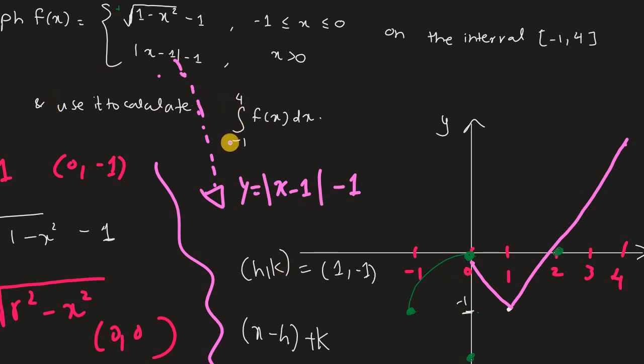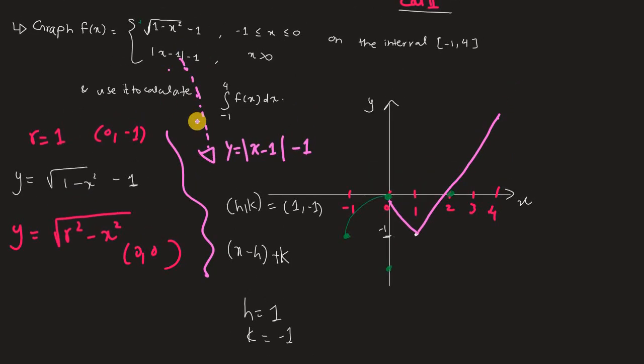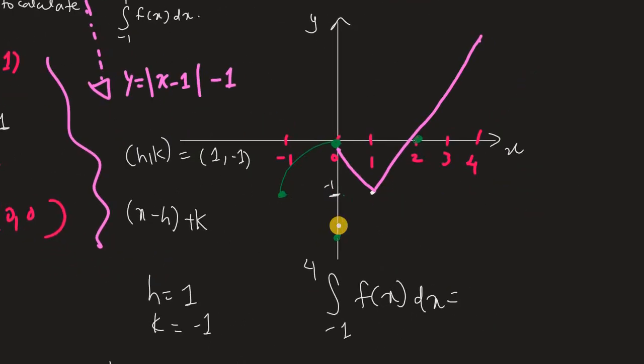Now let's set up the integral. We are calculating from -1 to 4, which is the interval of this function. You guys see this is broken into pieces, so we need to solve the integral in pieces, because this is a piecewise function.